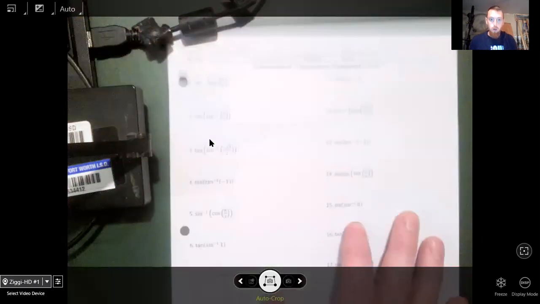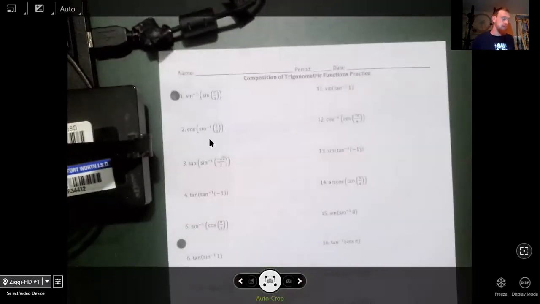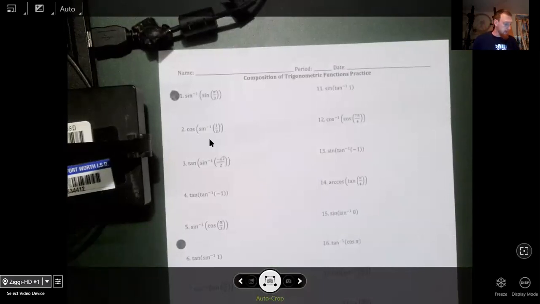So before we look at solving trigonometric equations, which is the big goal of where we're going with this, we're going to look at compositions of trigonometric functions. We've done compositions of functions earlier this year. That's taking one function and plugging it into another function.